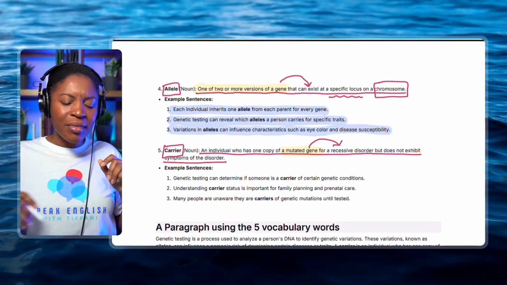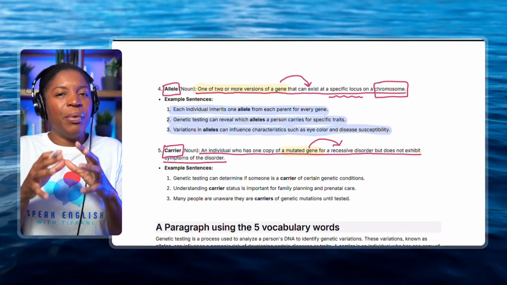Even though you don't personally have sickle cell, you can hand that mutated gene off to your child, and your child could get or have sickle cell when he or she is born. Does that make sense? Again, I don't have sickle cell, but I can be the carrier, the person that has that gene, that mutated gene, and can hand it to my child. Does that make sense? I think you got it. Excellent. All right, here we go.